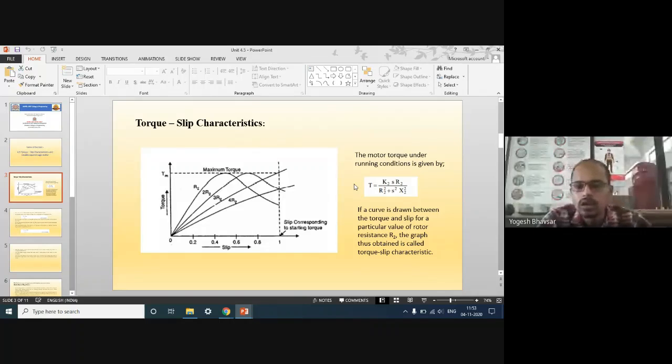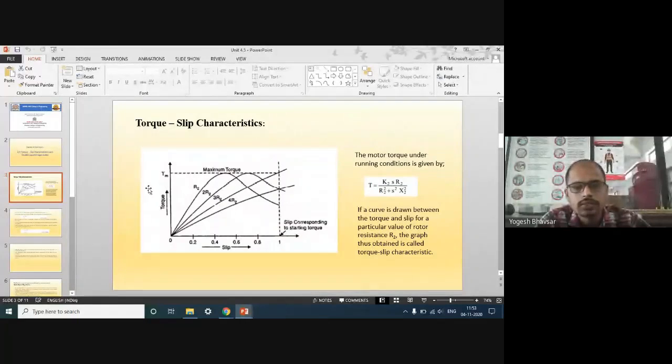If the curve is drawn between the torque and slip for particular values of rotor resistance R2, these are the various values of rotor resistance. Though we cannot change this resistance for a squirrel cage motor, we can change this resistance for a slip ring motor. The graph thus obtained is called the torque slip characteristics.